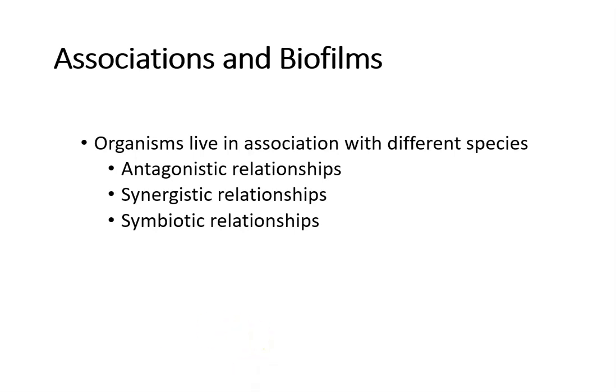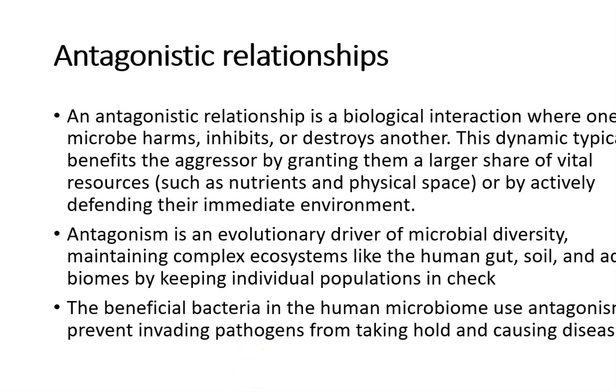And bacteria are the same way. Okay. So an antagonistic relationship is one where it's not a good one. You're an antagonist. It's bad. The microbe harms. So if you get an infection, that microbe harms you. All right.